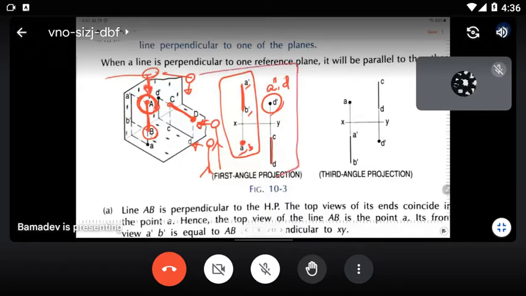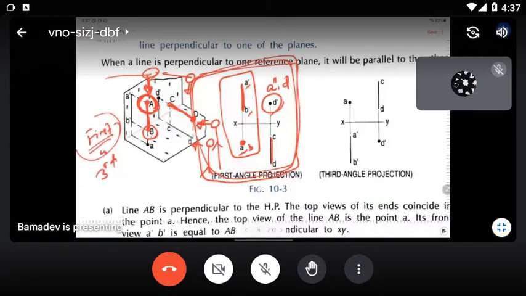Just tell me, what we have drawn here. Which angle of projection have we used, first or third? First angle projection. Right. So, above XY front view and below XY top view. But we can draw it also in third angle.